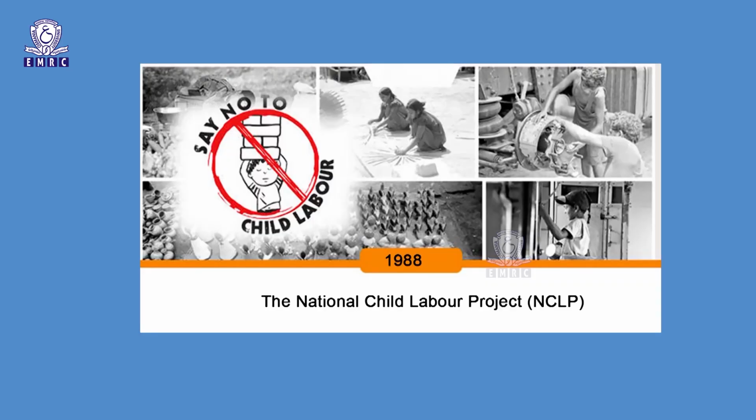Project-based plan of action envisages starting of projects in areas of high concentration of child labour. And as a result, in 1988, the National Child Labour Project, that is the NCLP scheme, was launched in 9 districts of high child labour endemicity in the country.